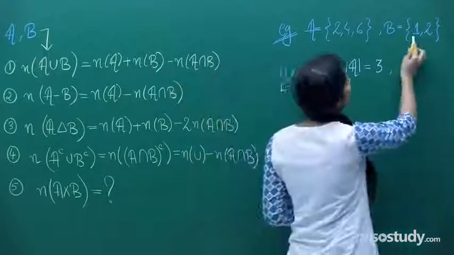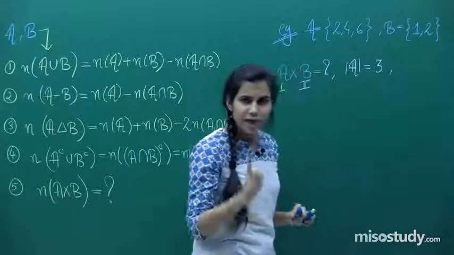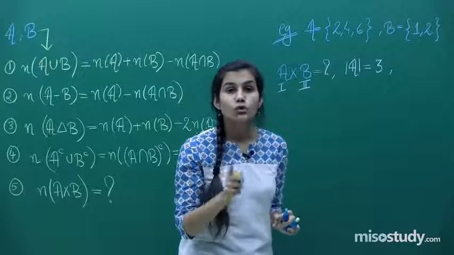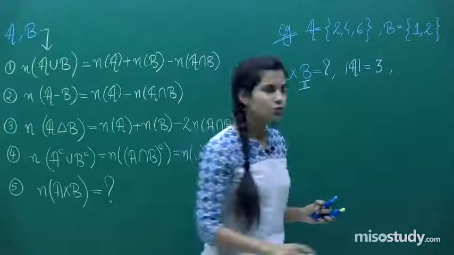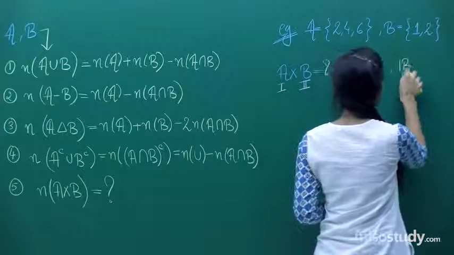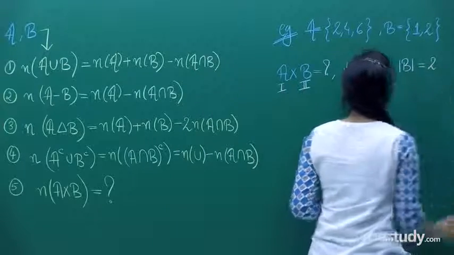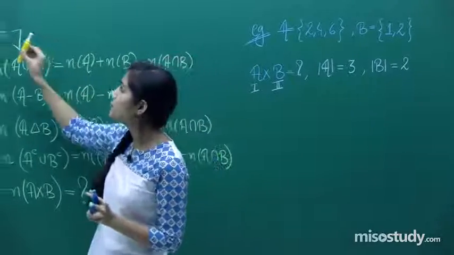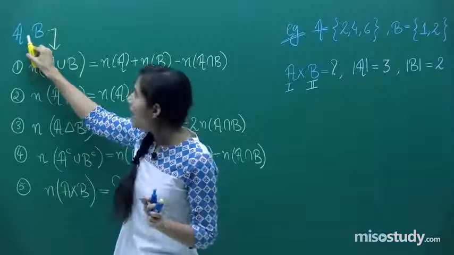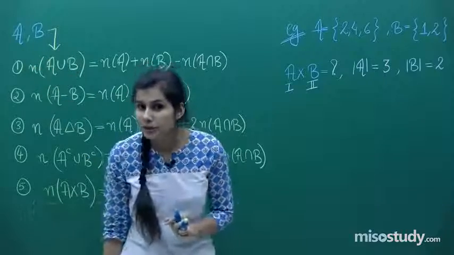Of course, it has just 2 members, and therefore cardinality of B, which is the number of members sitting inside set B, happens to be 2. And therefore, I am very much aware about how many members sit inside my set A and how many members sit inside my set B.